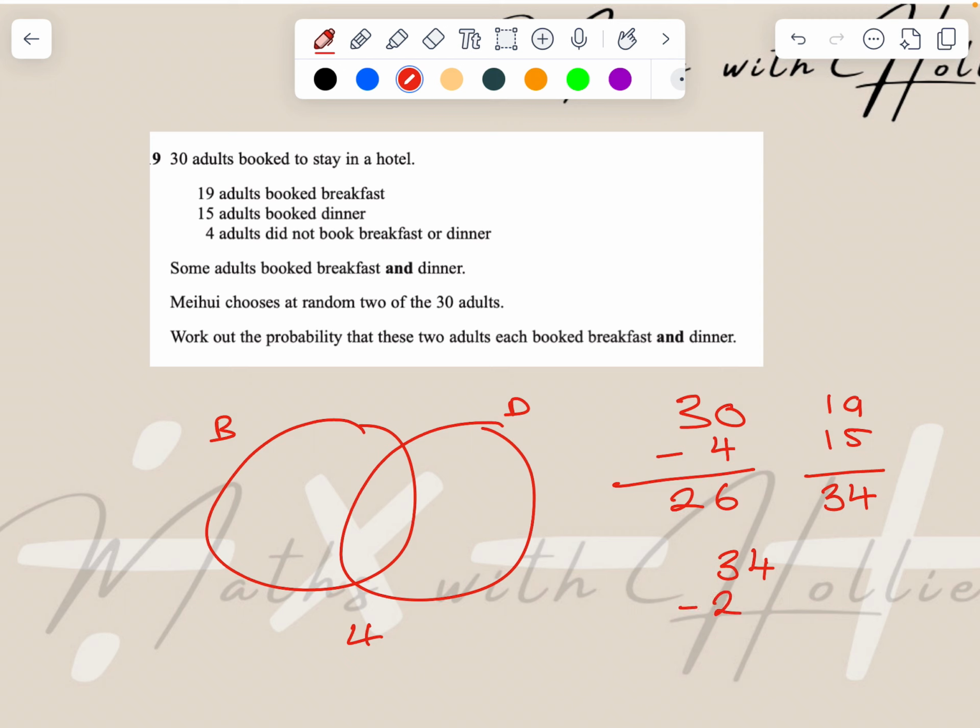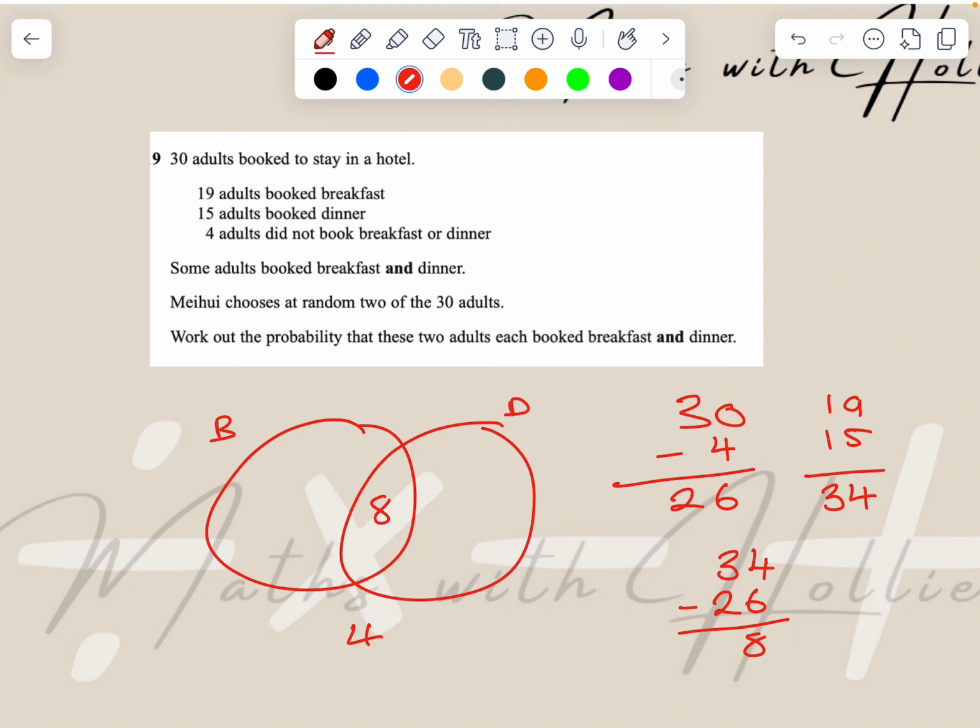How many people are we double counting? Well, if we take away the 26 that we definitely have, that means we must be double counting 8 of them. So I've counted 8 people twice in both groups. So it has to be 8 in the middle. So 8 have breakfast and dinner because they are double counted.